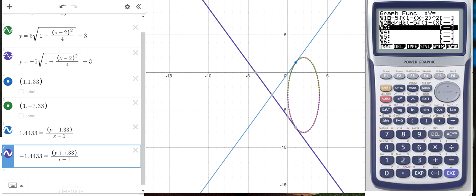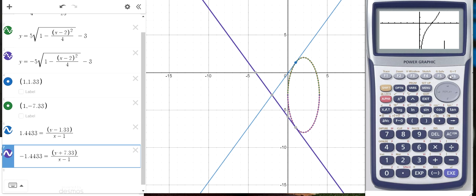From the top one, I get the coordinates of the point I'm supposed to work out.